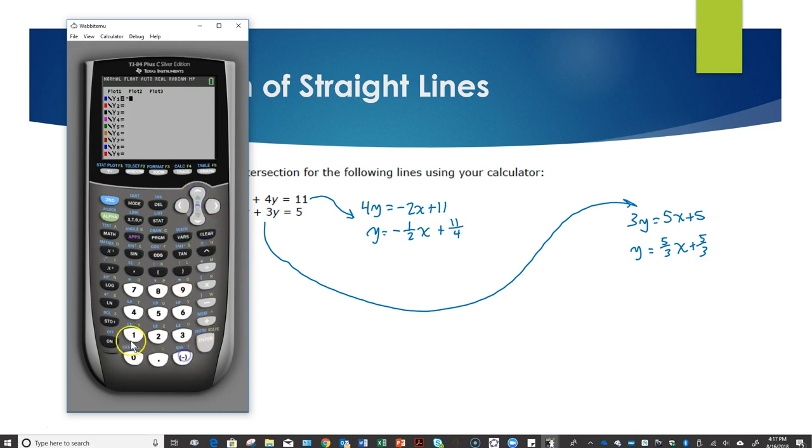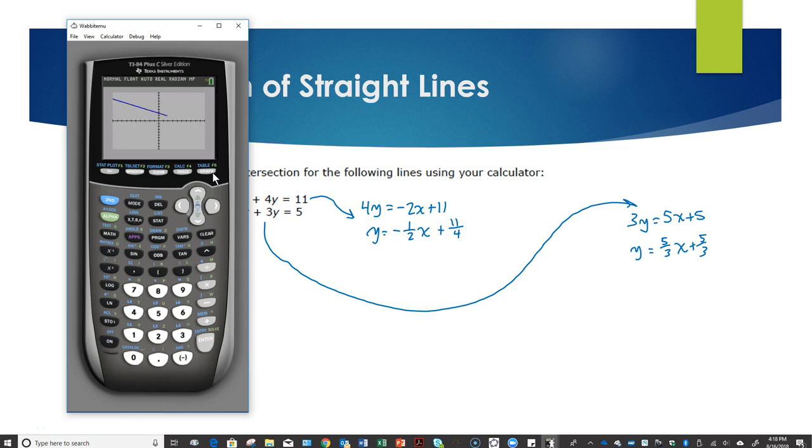I have -1/2 x plus 11/4. I have the second y one being 5/3 x plus 5/3. And I'm going to graph them.